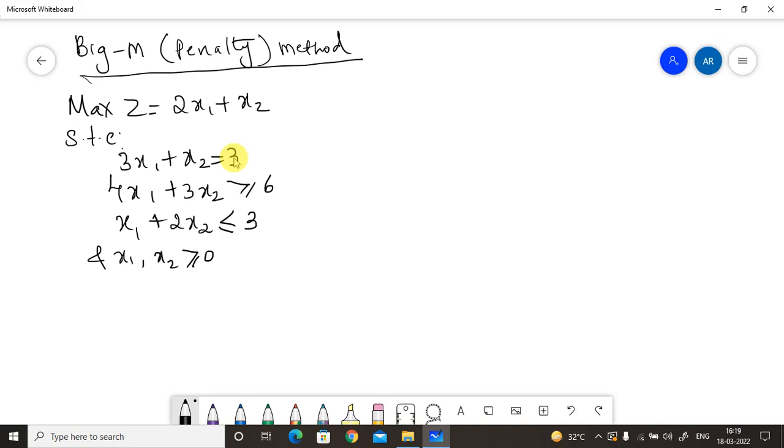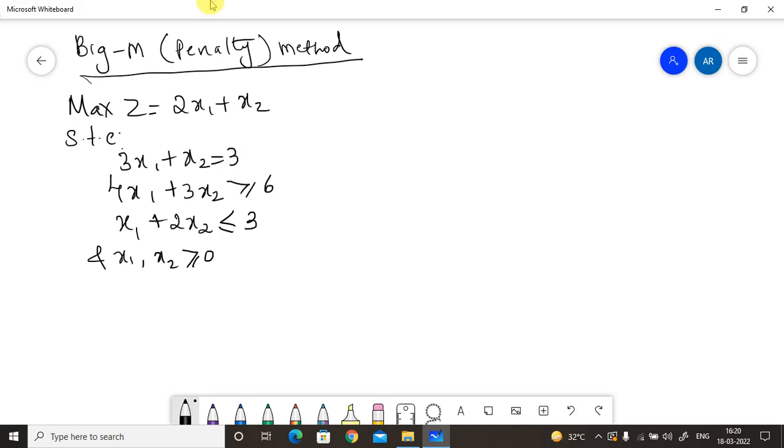First of all, as I told you, we have to convert all the inequalities into equality conditions. In the first constraint we have it as an equality, the rest we do not; we have either greater than or equal to or less than or equal to. So now we have to convert everything into the standard form. How do we do that?